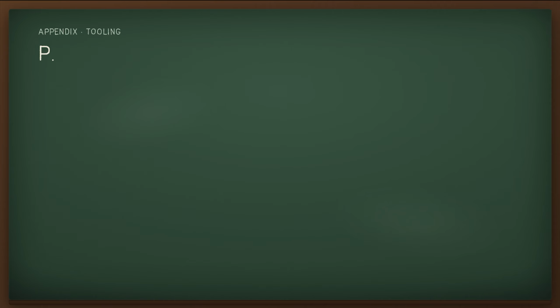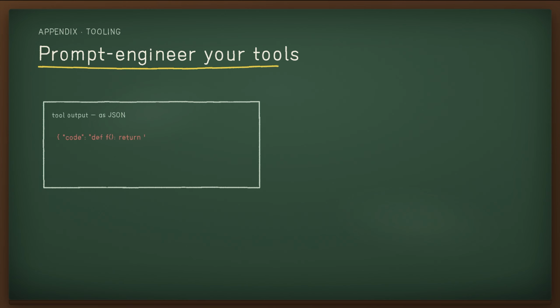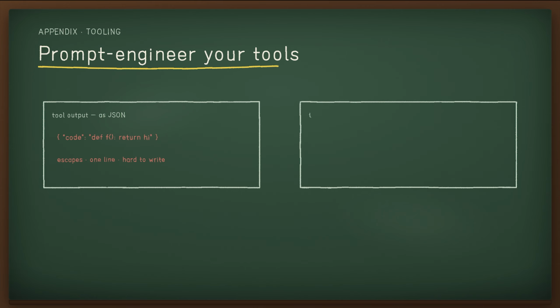Last, prompt engineering your tools. Whatever you build, tools are a big part of it, and your tool definitions deserve as much attention as your prompts. There are usually several ways to specify the same action. A file edit could be a diff or a full rewrite. Structured output could be code in Markdown or in JSON.